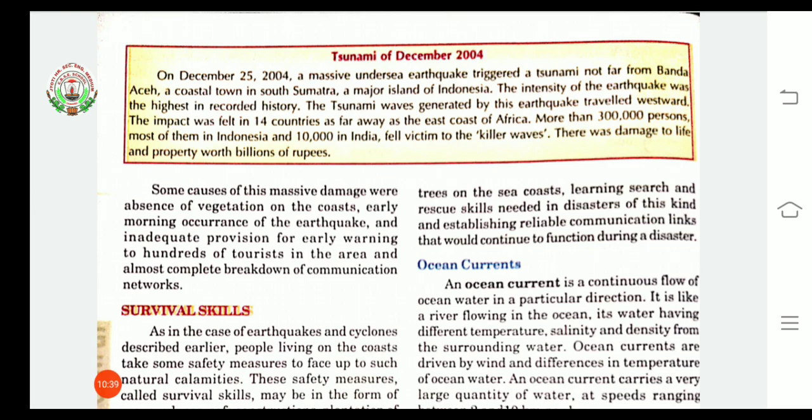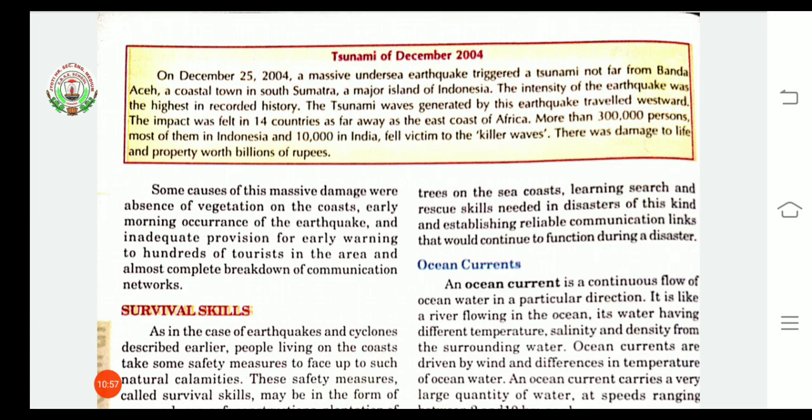More than 3 lakh people, most of them in Indonesia and 10,000 in India, fell victim to this killer wave. There was damage to life and property worth billions of rupees.